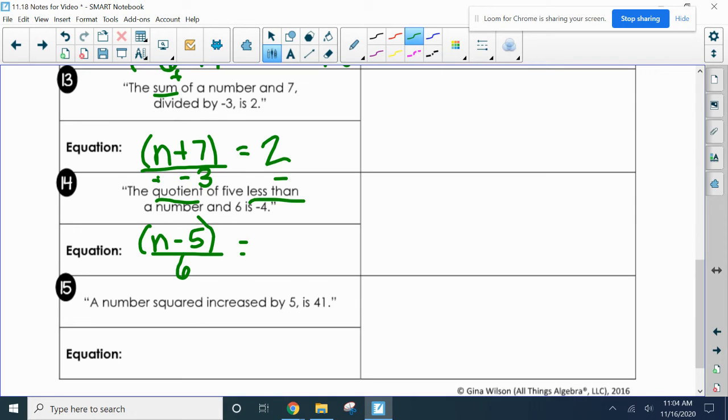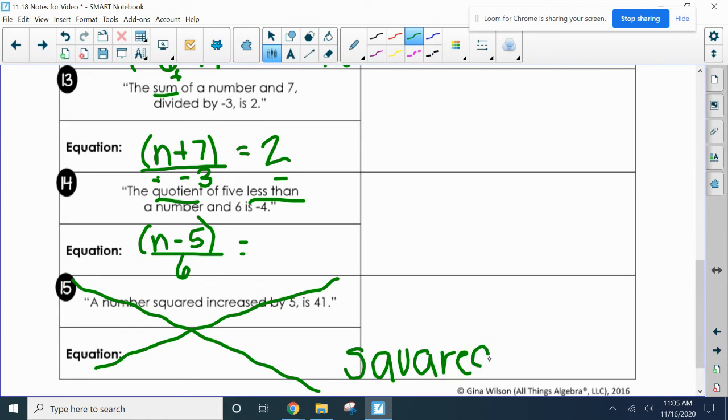All right, so then we have a number squared. We're going to skip this one, and I will double check on your homework. If you have ones that say squared, we are going to go over those, but we have not yet. So squared you can skip on the homework.